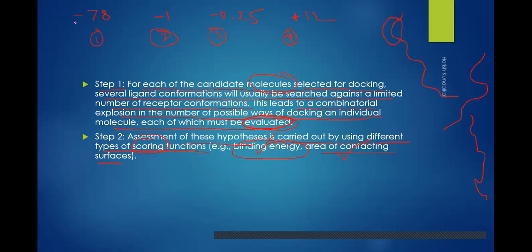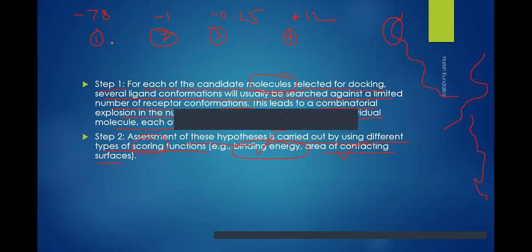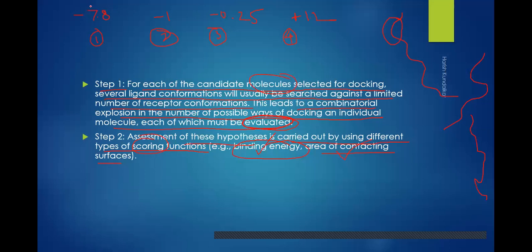When we talked about enthalpy and entropy, we talked about the Gibbs free energy, delta G, right? Delta G has to be negative in order for binding to happen. So the larger the negative value, the better the binding. In this case, minus 7.8 is the largest negative value, so this is the best binding molecule.